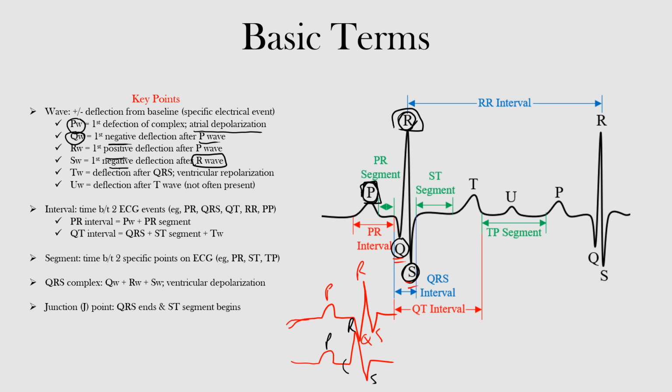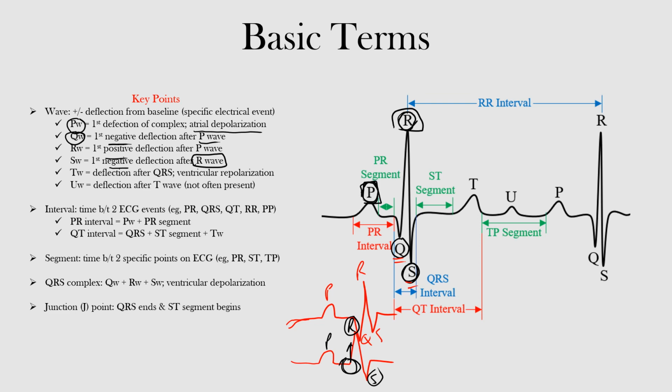There is no Q wave here because a Q wave is defined as the first negative deflection after a P wave, and we don't have that. Instead of a negative deflection, we have a positive one. So that's an R wave, and the one that comes after the R wave we call an S wave. Just something to be aware of, this nomenclature.